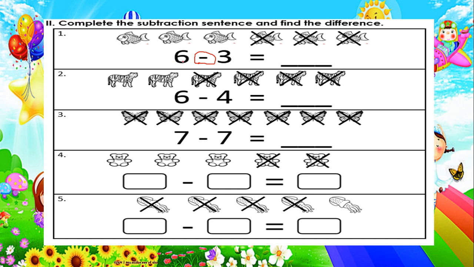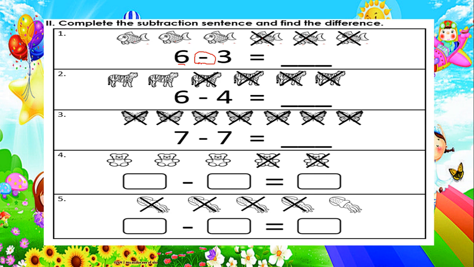So in number 1, you have here 6 fish. 1, 2, 3, 4, 5, 6. So you have 6 as your first number minus, you take away 3. So you can see 3 x's. 1, 2, 3.